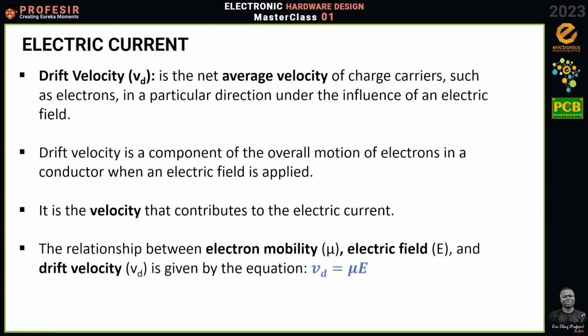This happens because the velocity has an influence over that, and there is a relationship between electron mobility, electric field and drift velocity. So the drift velocity, that is the speed at which the electrons will drift, depends on the electric field.